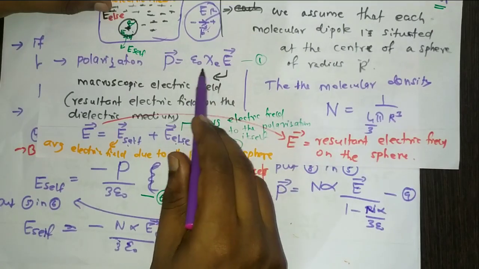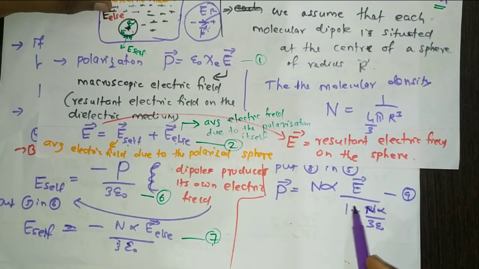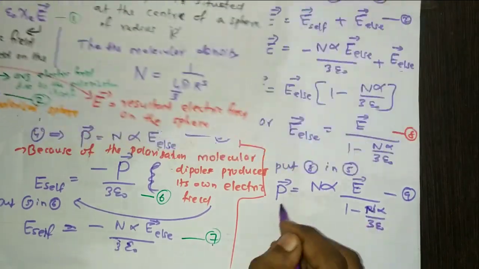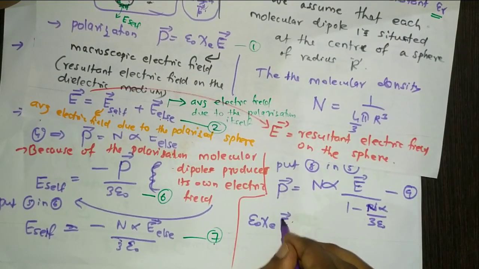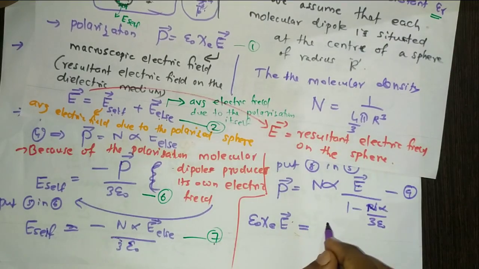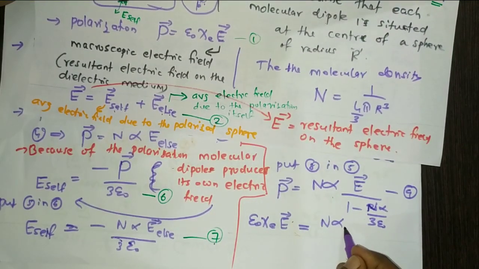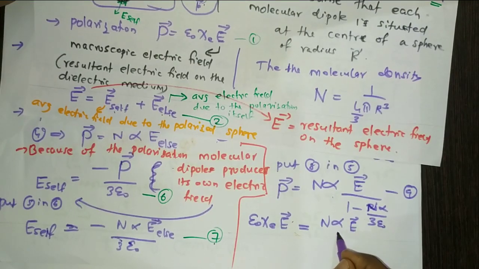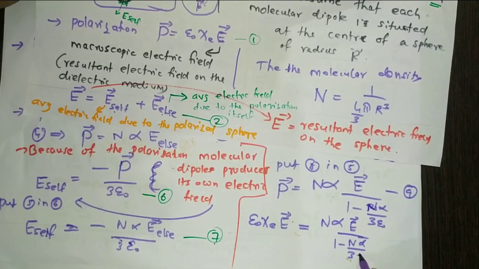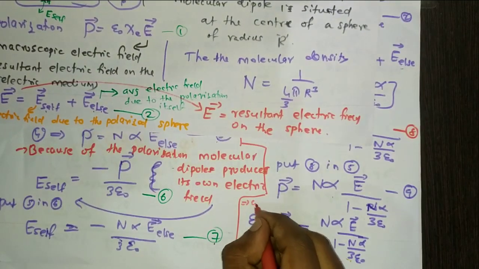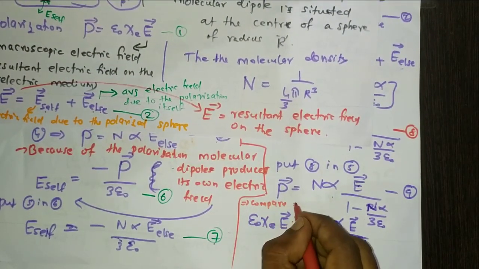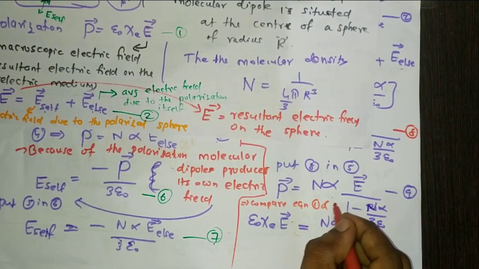Simply I can write epsilon 0 chi E times E is equal to N alpha E divided by 1 minus N alpha by 3 epsilon 0. That is, here we have compared equations 1 and 9.